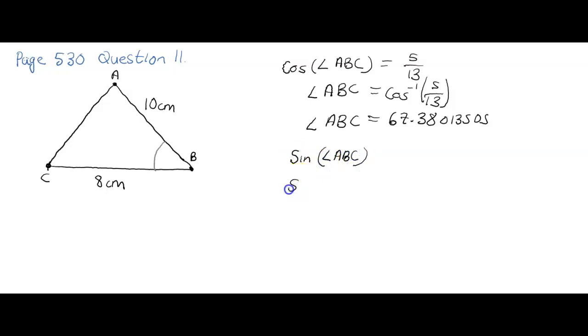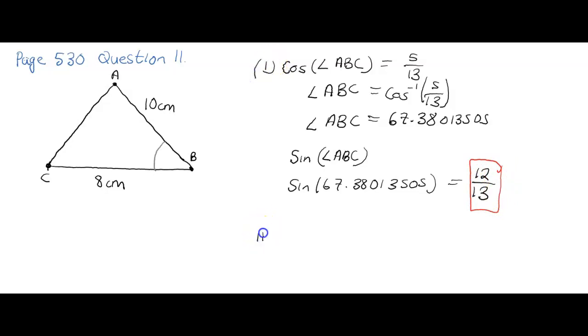So sine 67.38013505 is equal to 12/13. So that's part I.